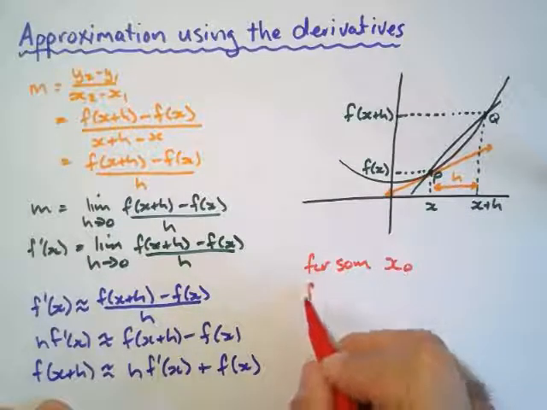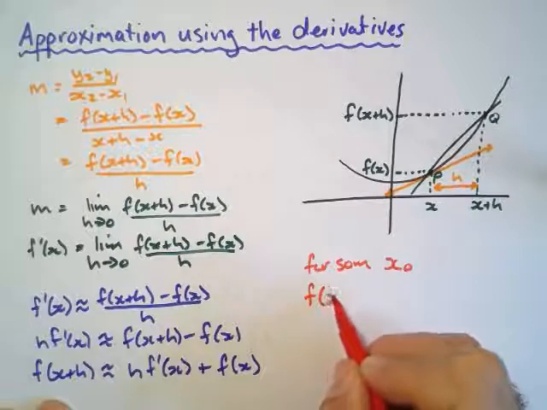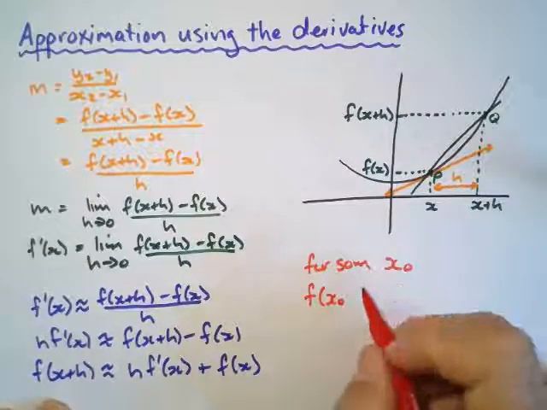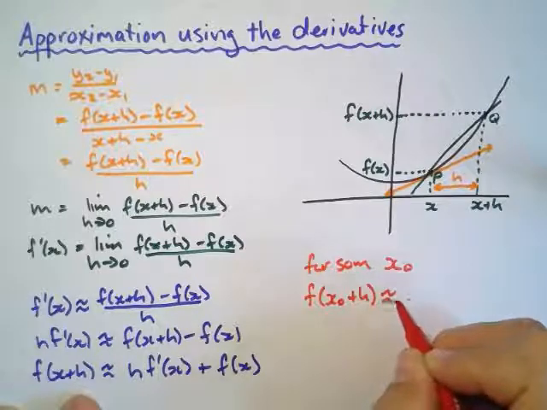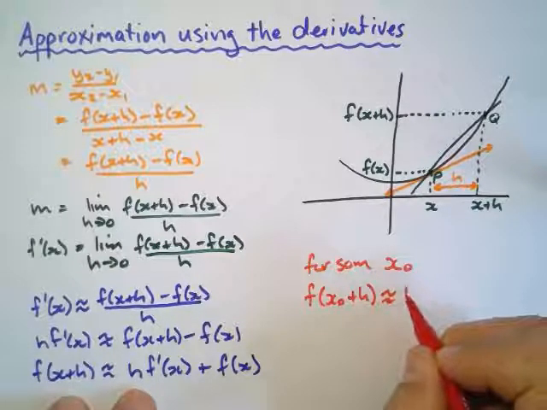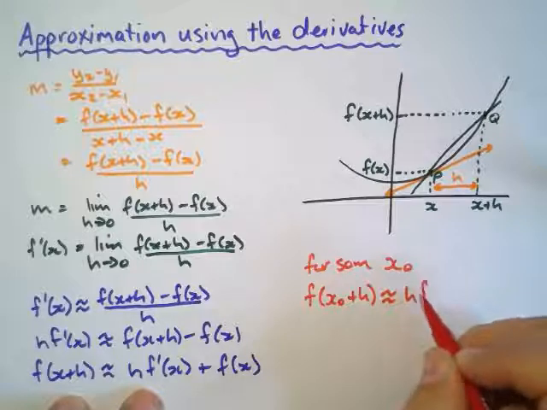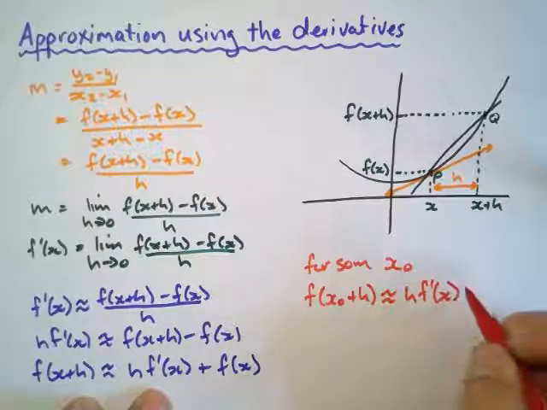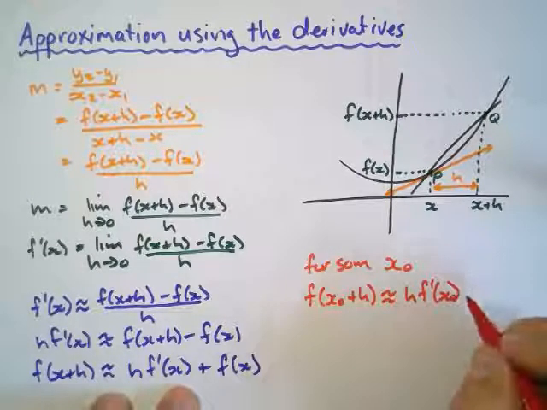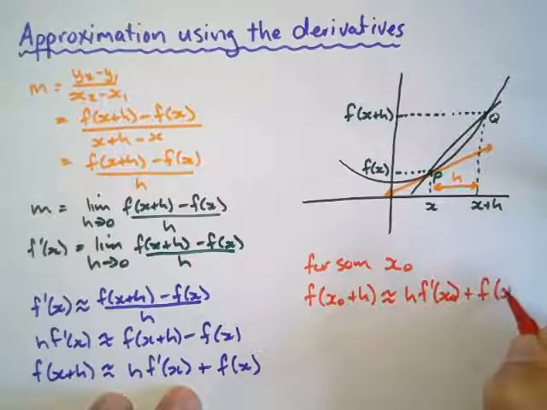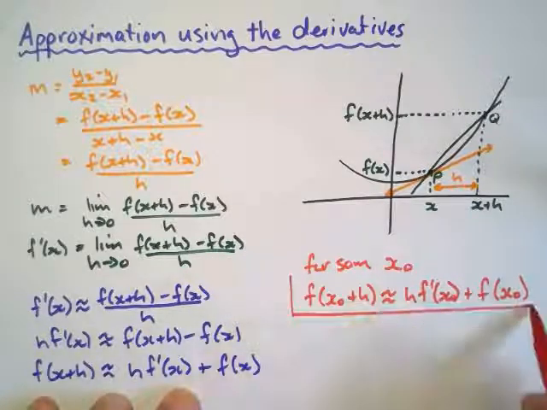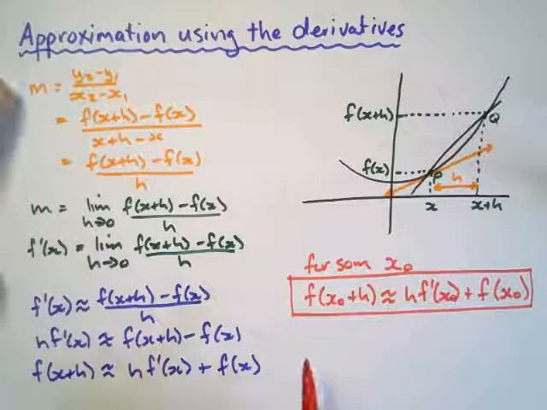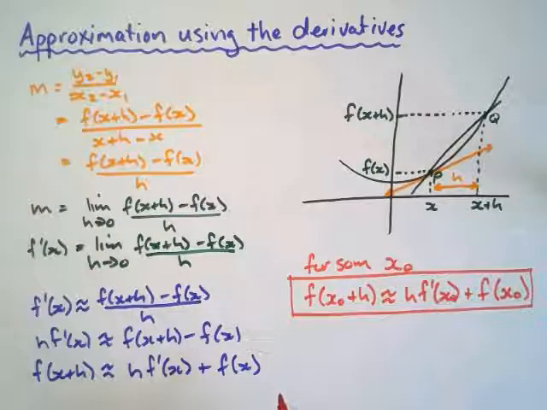So it becomes f at x0 plus h will be approximately h times the derivative of f at x0 plus f at x0. And that is the formula that you have to remember if we ask you to find approximation using derivatives.